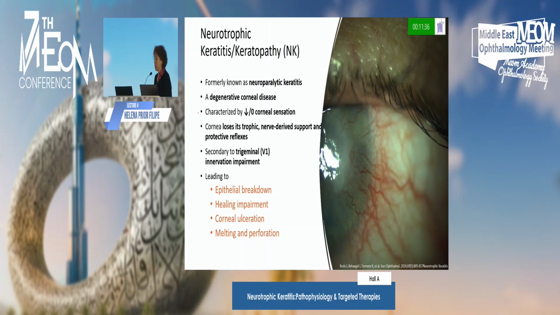It was formerly known as neuroparalytic keratitis, and it's indeed a degenerative corneal disease. The hallmark is decreased or no corneal sensation at all, and this is tied with the cornea losing its trophic nerve-derived support and protective reflexes, connected with the impairment of trigeminal innervation.